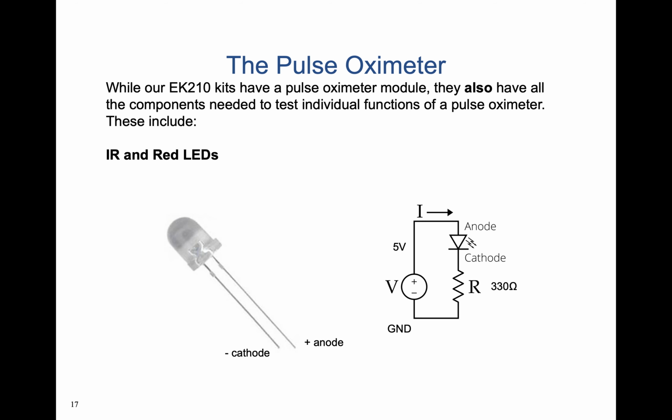You also have red and infrared LEDs in your kit. And it's safe practice for any LED to always include a series resistor of 330 ohms to prevent the current from blowing up the diode.